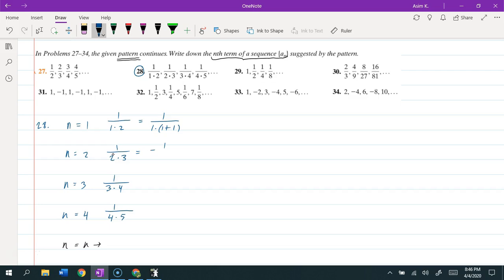So let's try this next one. I'll say the next one is 1 over 2 times 2 plus 1. Then I can say that the next one is 1 over 3 times 3 plus 1. Then I can say the next one is 1 over 4 times 4 plus 1.